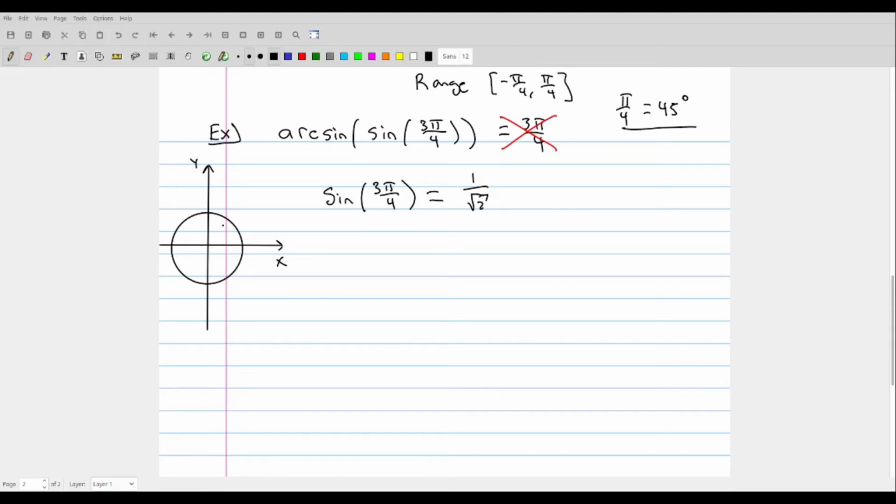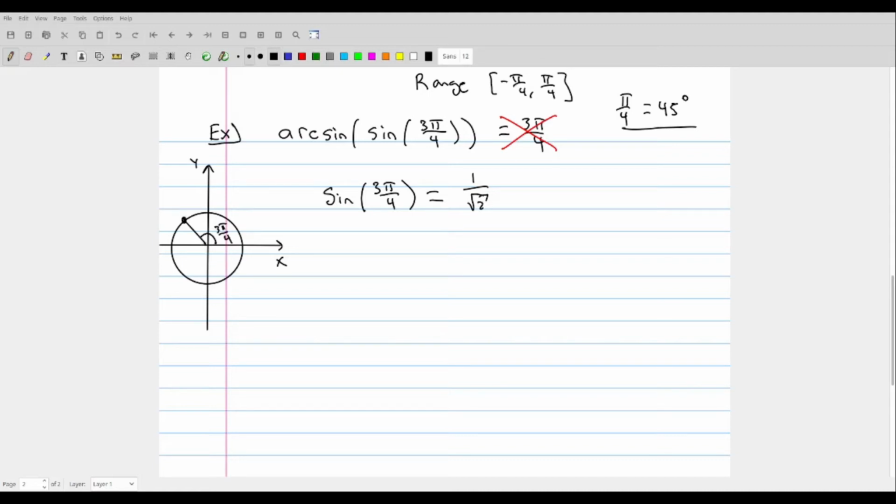So it's 1, 2, 3. It's right here in the second quadrant, so this angle right here is 3 pi over 4.